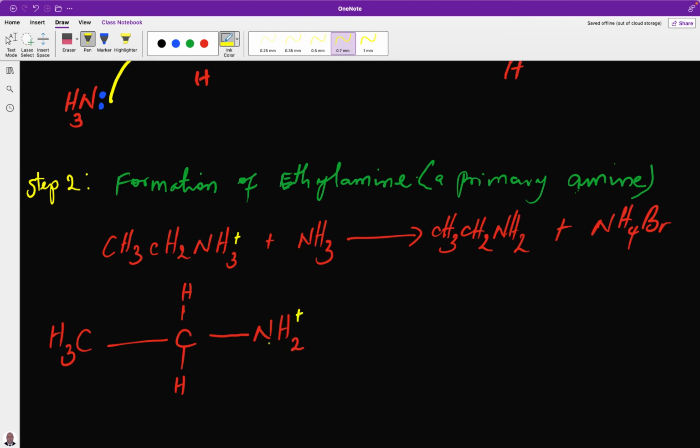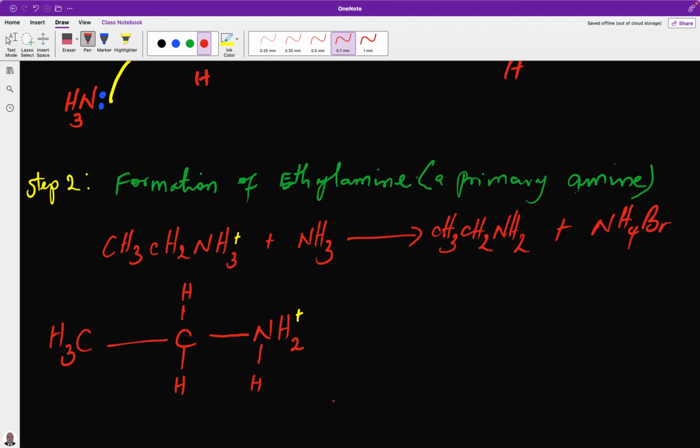It is NH2, not NH3 here, because the other hydrogen is below here. So do not be confused. This is the other hydrogen. It is NH3: this hydrogen plus these other two hydrogens will give us NH3.